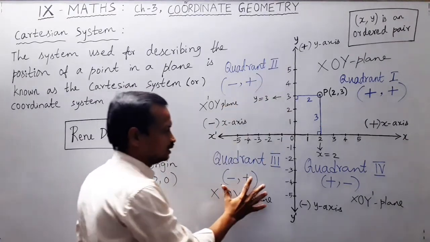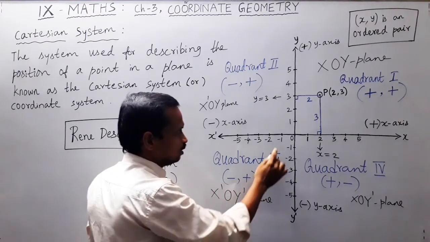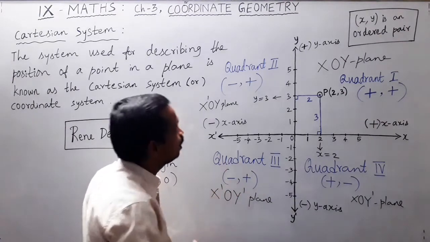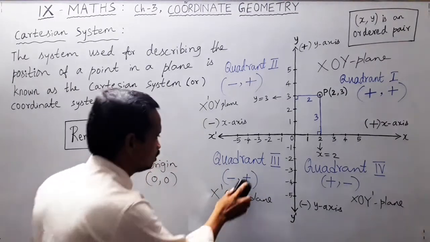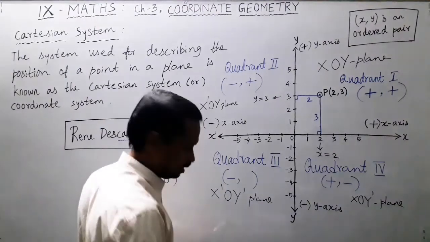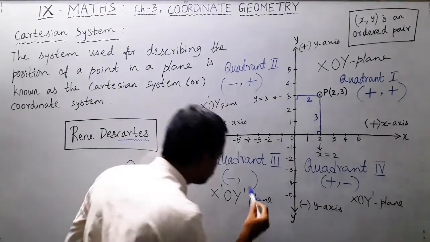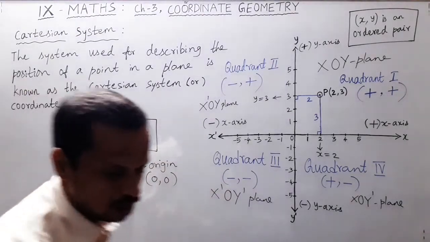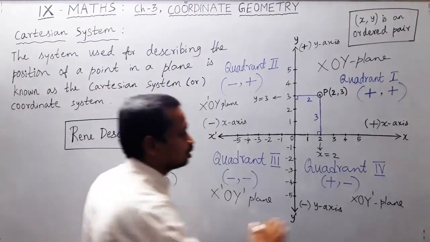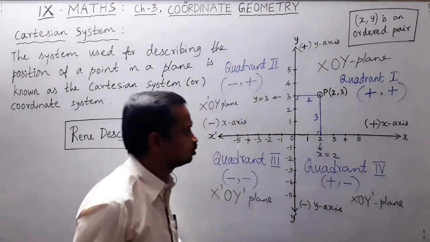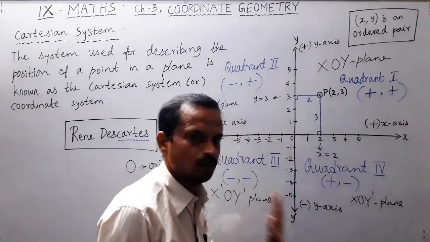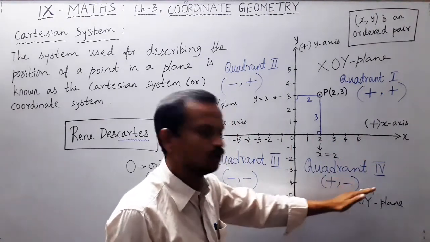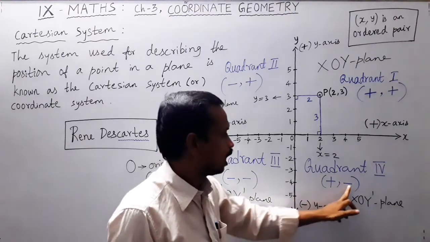Coming to quadrant 3, first x is negative and y is negative, so minus, minus. Then coming to quadrant 4, plus, minus. So x is plus and then y is minus. Always x first and then y. So x is positive and y is negative.